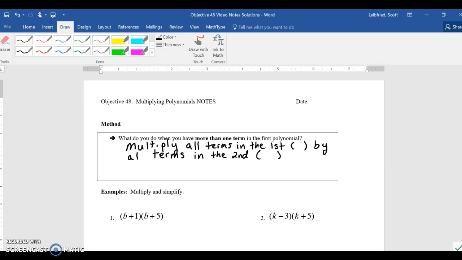After we do that, that'll be the first step. The second step will be to combine like terms.